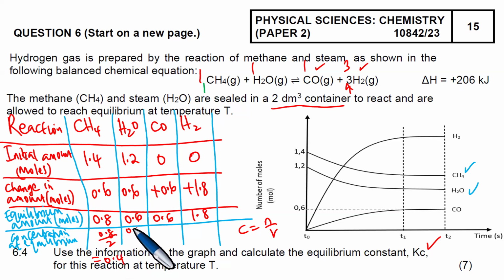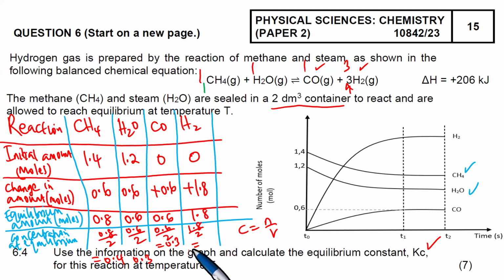You take 0.6, which is the number of moles at equilibrium. You divide by the volume of 2 cubic decimeters, and you get exactly 0.3.